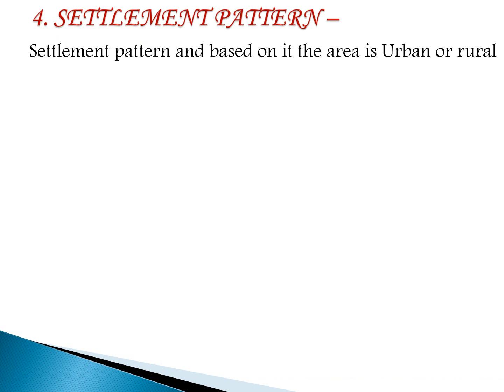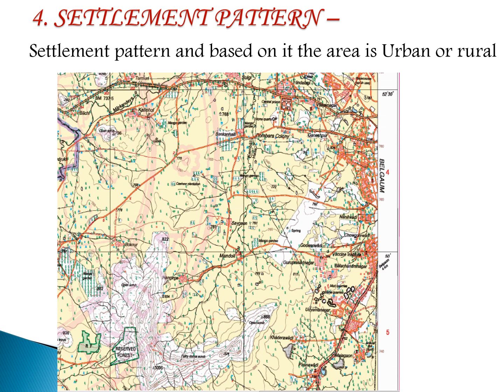Then next comes the settlement pattern. So in a map, what type of settlement pattern is shown, that you have to write. The settlement pattern will give you information regarding whether the area is urban or rural. So if you find a clustered pattern, then you can write this is an urban area.